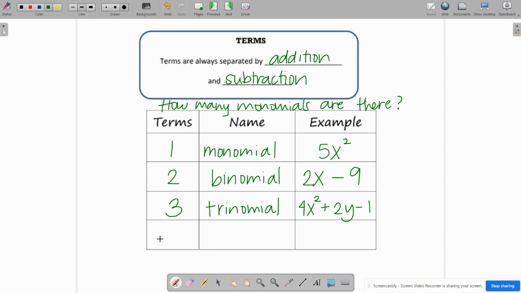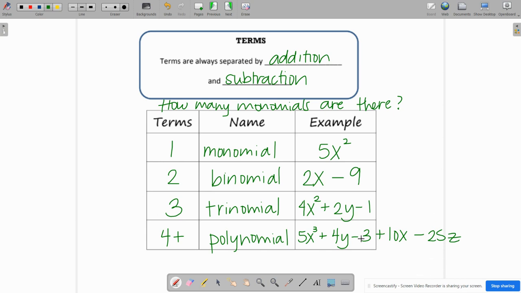And then typically anything that has 4 or more terms, we're just going to use the blanket term polynomial. That means many terms. So something like 5x cubed plus 4y minus 3 plus 10x minus 25z. We have 1, 2, 3, 4, 5 different terms there, so that's going to be considered a polynomial.